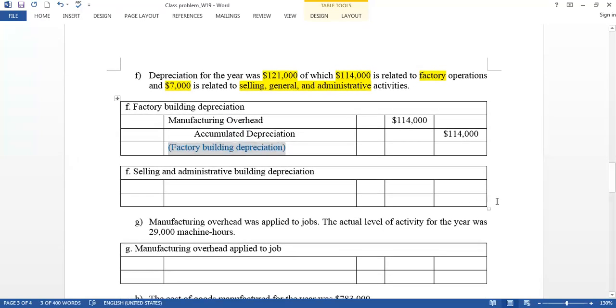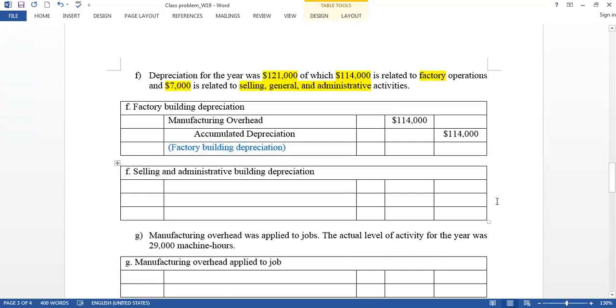Now we have another depreciation. It is called office and admin. So this is again periodic. As it is periodic, we do not need to write anything about manufacturing overhead.